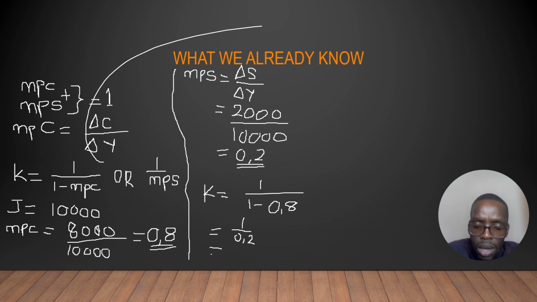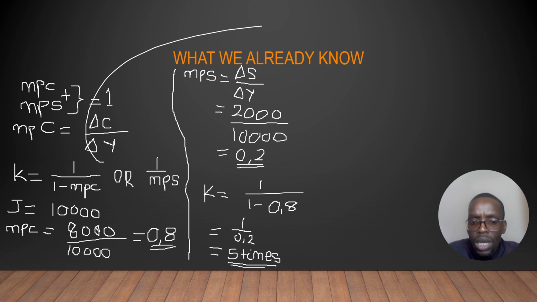When pressed on the calculator, your answer becomes 5 times. Now this is the value of our multiplier, so our multiplier is 5 times.